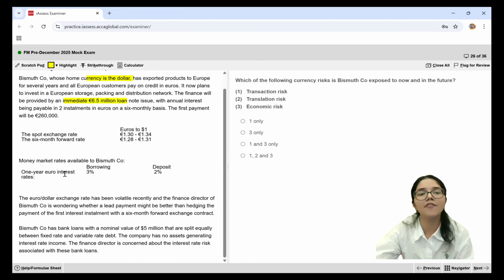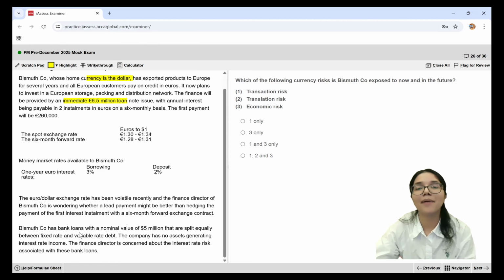The exchange rates are given to you. The money market rates are given to you. The euro-dollar exchange rate has been volatile recently. Volatile means there are lots of fluctuations. And the finance director of Bismuth Company is wondering whether a lead payment might be better than hedging the payment of the first interest installment with a 6-month forward exchange contract.